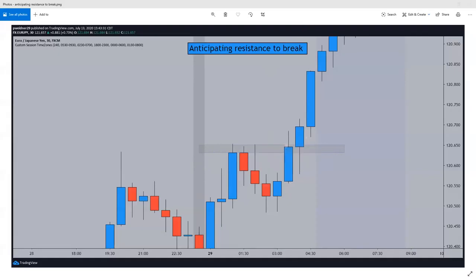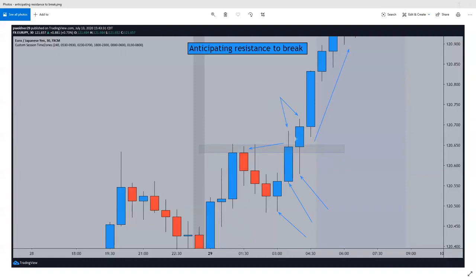So this one did actually close above, but with GJ, or this is actually EJ, but we see lots of fake outs. So the way you can kind of know that this is not going to be a fake out is look at the bottoms of the candles. As we came into resistance, it was actually broken, and we continued to make higher lows and higher highs, and price pushed through resistance.